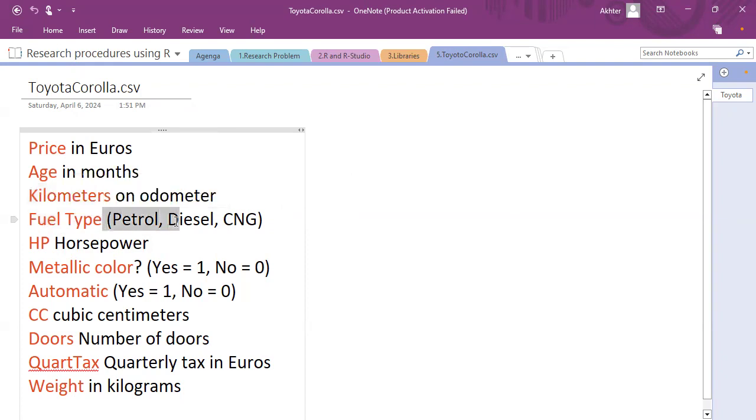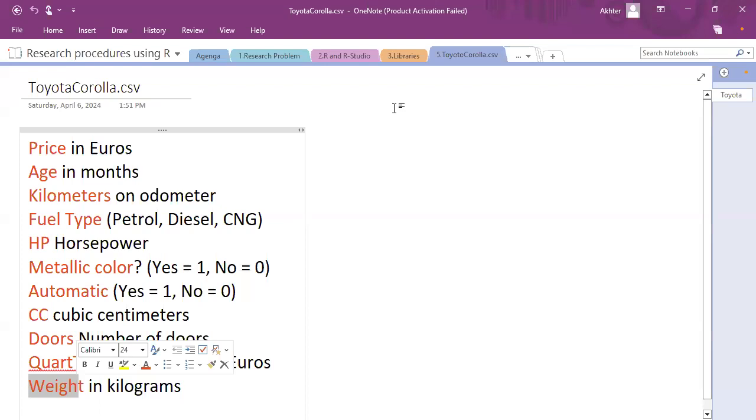There are three types: petrol, diesel, CNG. Then horsepower, metallic color, automatic car or non-automatic car, or a manual car. How much CC there is, number of doors, the quarterly tax, and the weight. So these are the variables which I reduced. I can say that these are the reduced variables, right?